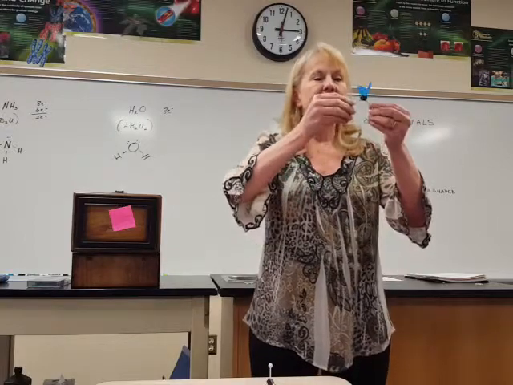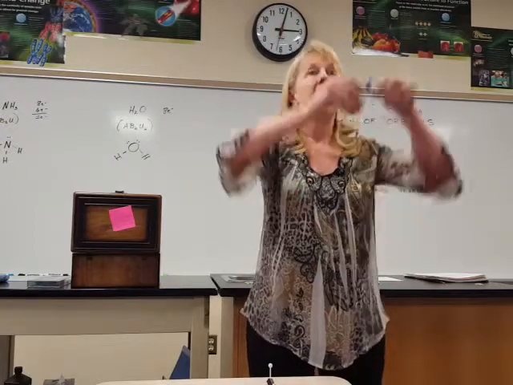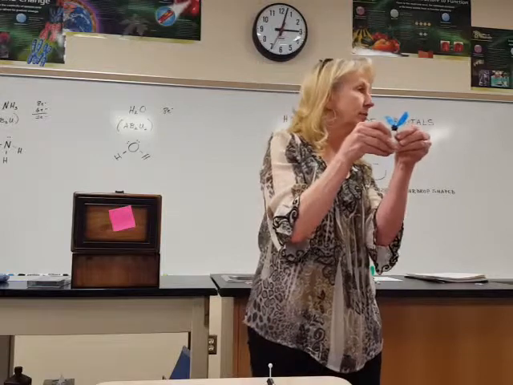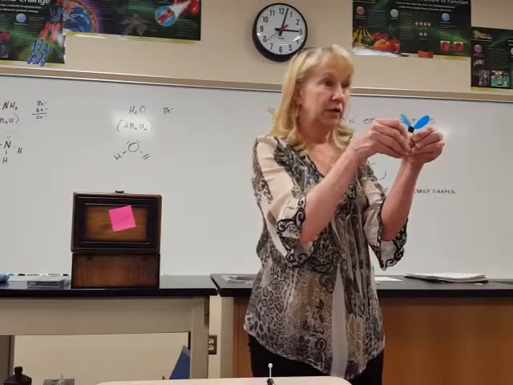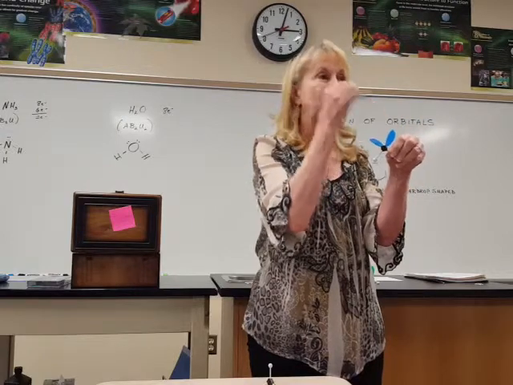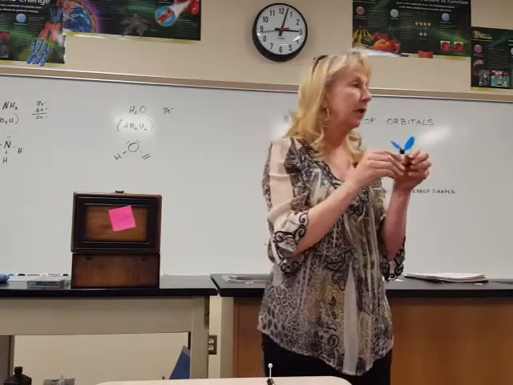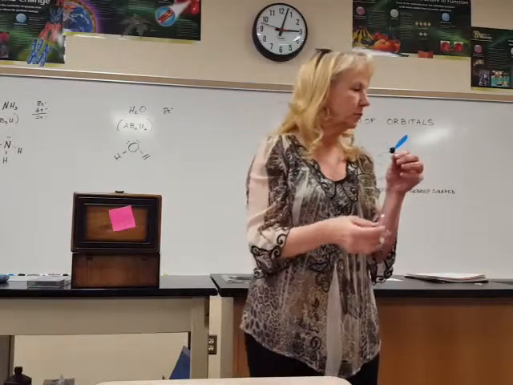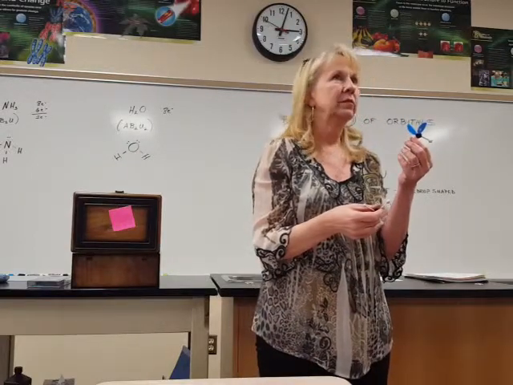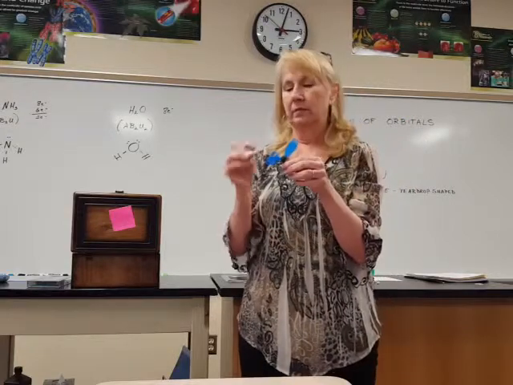And so that's why this one really, I don't want to break it, but they really stand up tall. By how much? 5 degrees more. So 2.5 degrees every time you add one of these. So now we're down to a bond angle of 104.5. So it goes down 2.5 for every unshared pair.